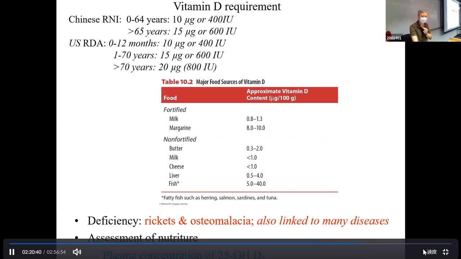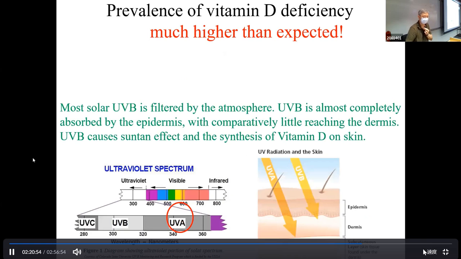The typical standard assessment is to measure 25-hydroxy-D, not 125. So it's measuring plasma concentration of 25-hydroxy-D, and you will see this again later on. Now, this is something that is related to sun exposure. I'm sure you know that ultraviolet radiation is important for synthesis of vitamin D, and that occurs in the skin.